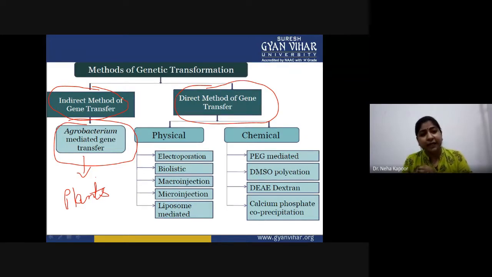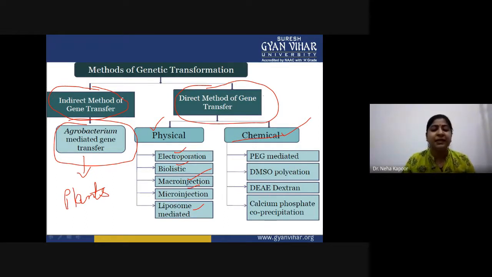For direct transfer, we can use a range of methods. We can use either physical methods or chemical methods. In the case of physical methods, there are many types: electroporation, biolistic method, macroinjection, microinjection, liposome mediated. And if you talk about chemical methods, as the name suggests, that means we will be using some salts and chemicals.